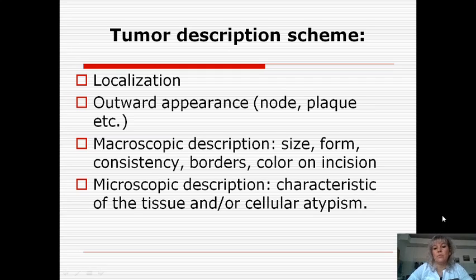Before describing all tumors, I want to tell you the tumor description scheme. If you want to describe a tumor, you must tell about the localization of the tumor node and its outward appearance: is it a node, a plaque, a cyst, etc. Next, you must describe which size, which form, consistency, borders, and color on incision.